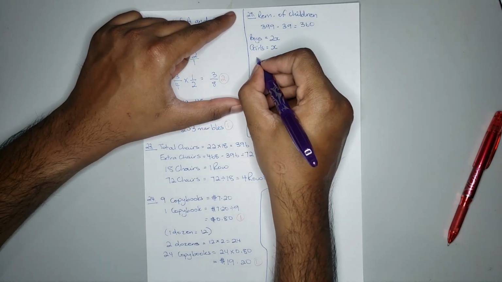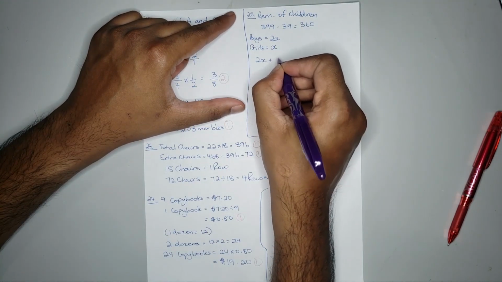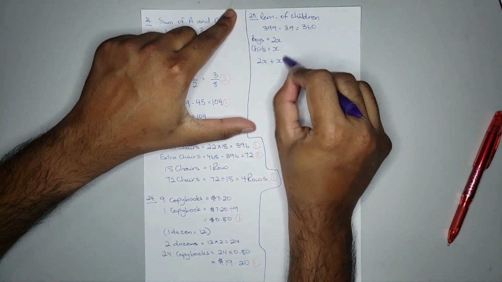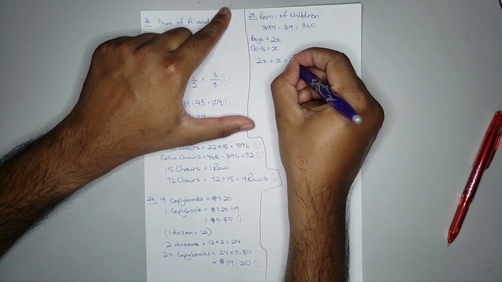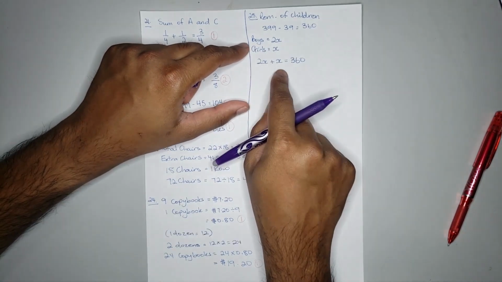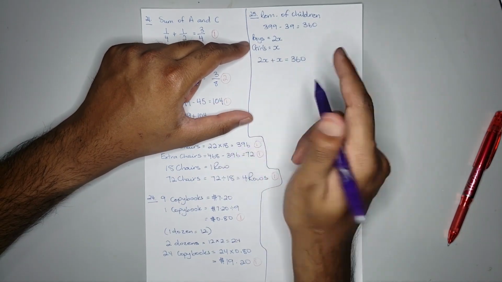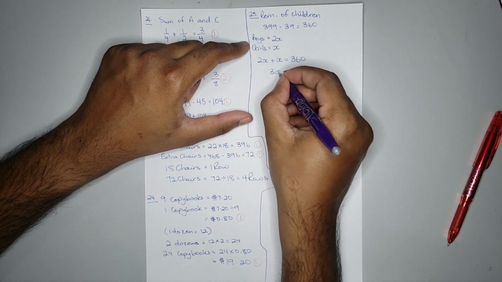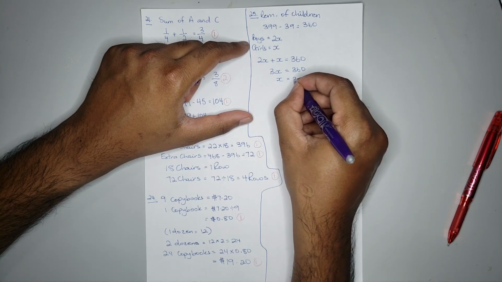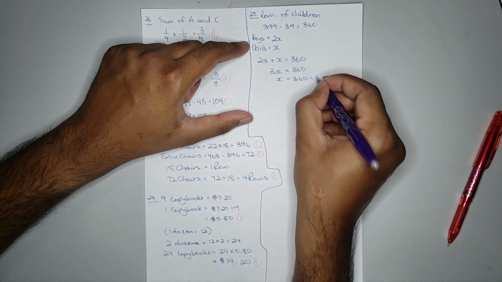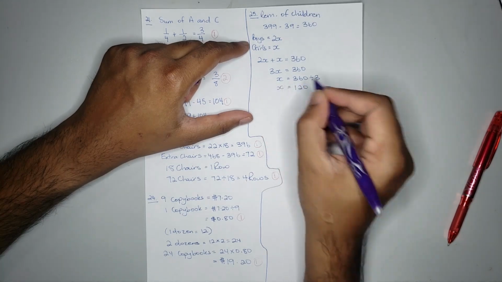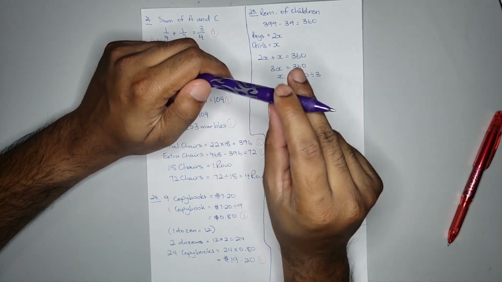So when you add the number of boys to the number of girls, you're supposed to get a total of 360. So 3x is equal to 360. x is equal to 360 divided by 3, which is equal to 120.